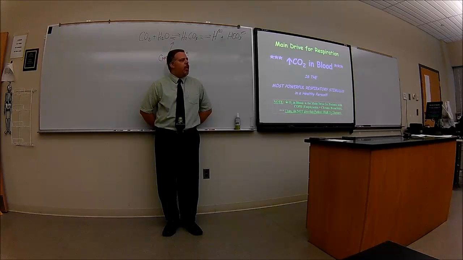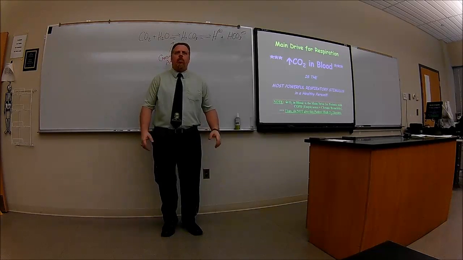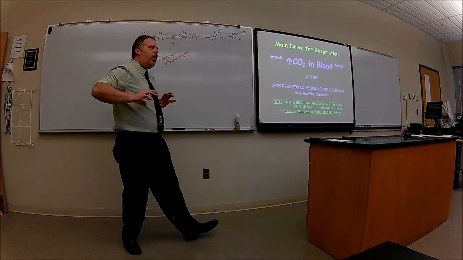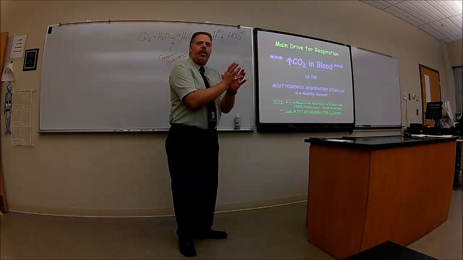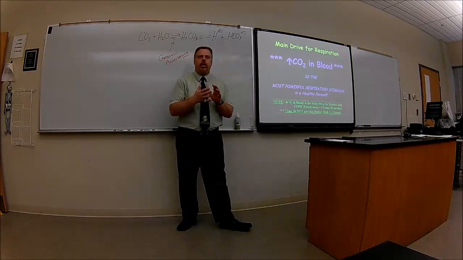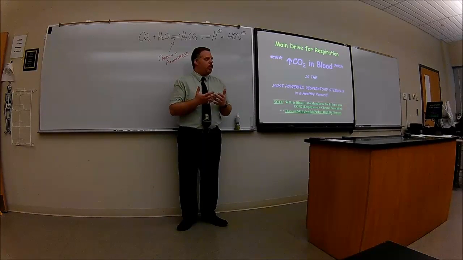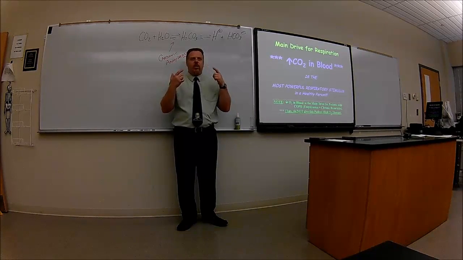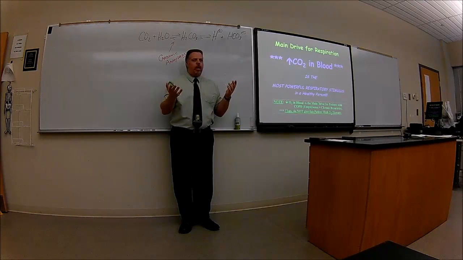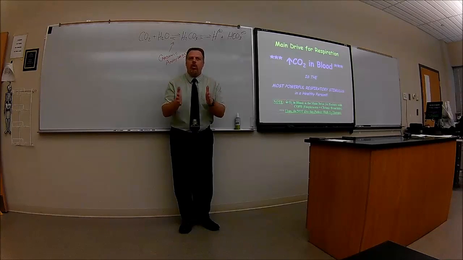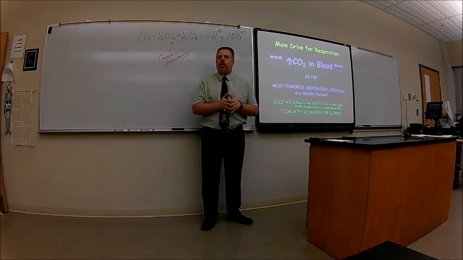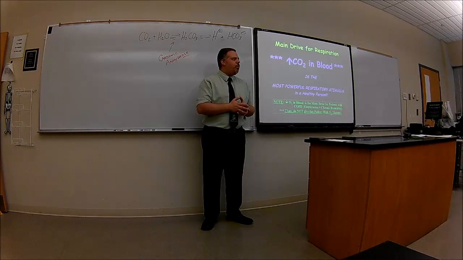What happens with them is that they have no problems getting air into their lungs, but they have problems getting air out of the lungs. They can't squeeze that air out of the lungs. So their carbon dioxide starts building up. But apparently the brain in these people sees it as though, well, since there's a lot of carbon dioxide and you're not getting it out, then we're going to go to our second mechanism and say, all right, if you have a decrease of oxygen, we're going to make you breathe.